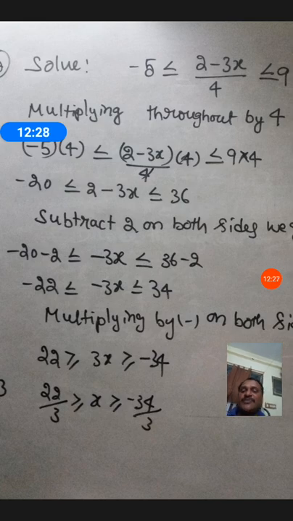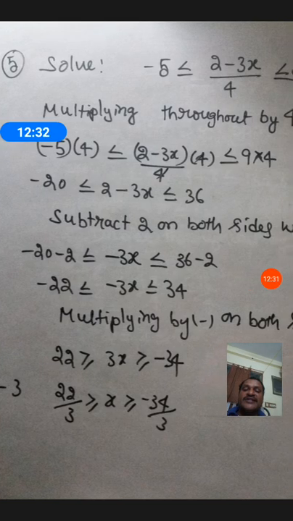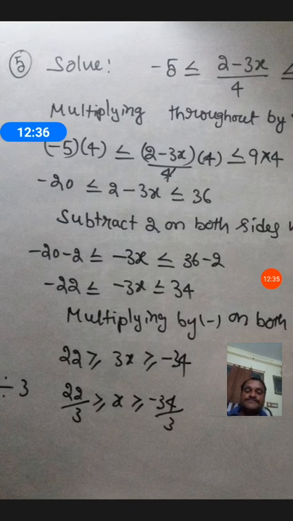Now in our problem we have got 22 greater than or equal to 3x greater than or equal to minus 34. Now to get x value, let us divide throughout by 3. Divide by 3 throughout. Then 22 by 3 greater than or equal to x greater than or equal to minus 34 by 3.